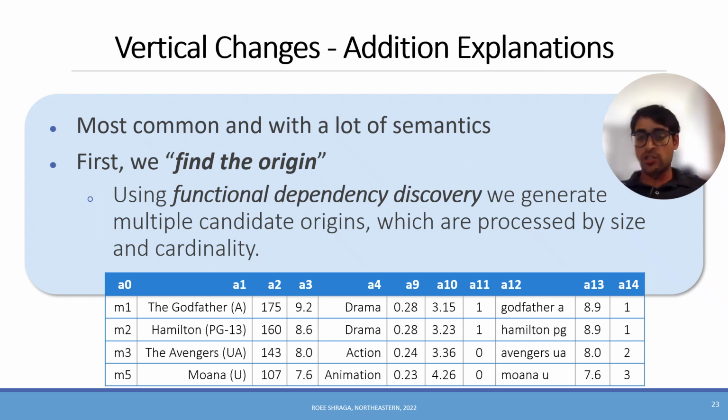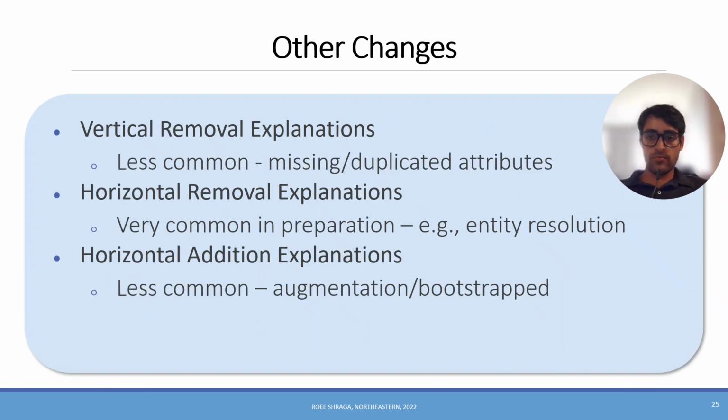So we use this functional dependency discovery trying to recover the origin of this data set. As I mentioned before, we also cover other types of changes, and more details are in the paper, and I'm happy to answer more questions offline.